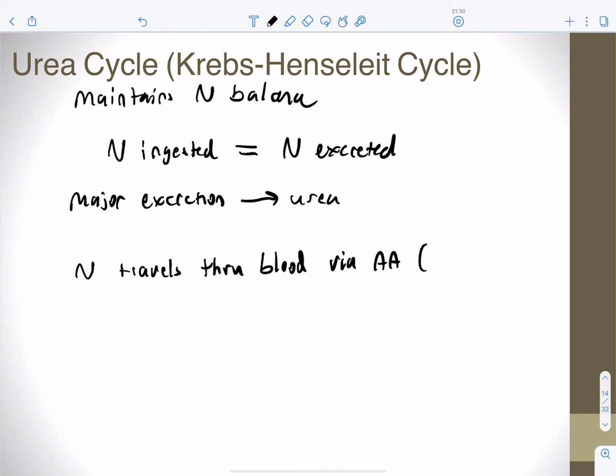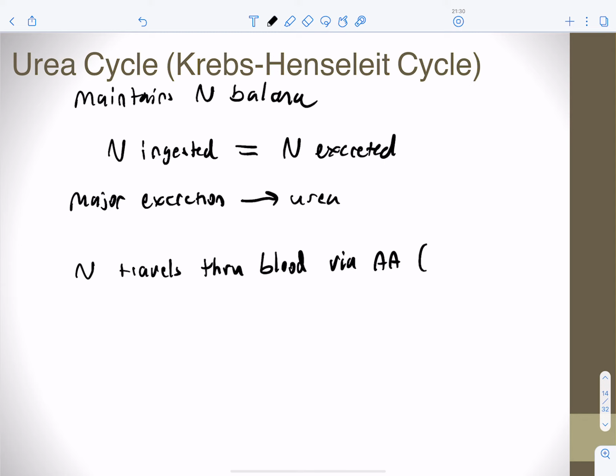Now, carbamoyl phosphate synthase 1, or CPS1, has two different versions. It has the mitochondrial form, and this is going to be the form that makes the carbamoyl phosphate. And this is that two-step reaction.